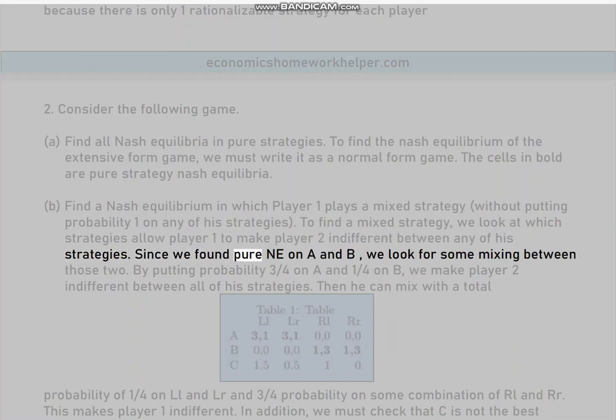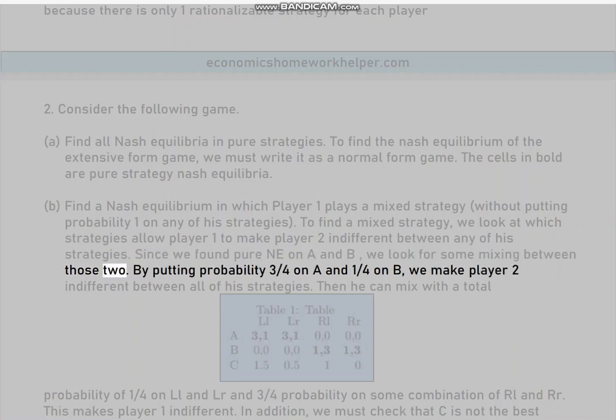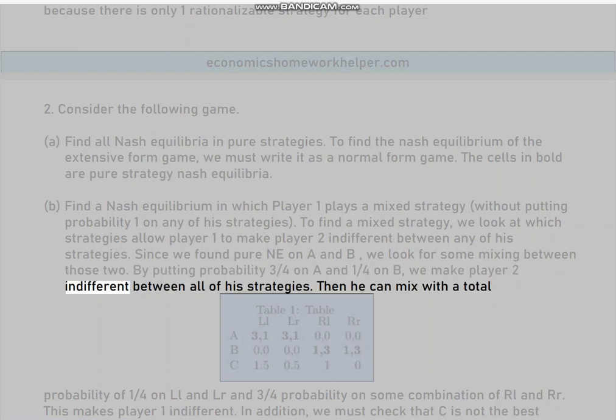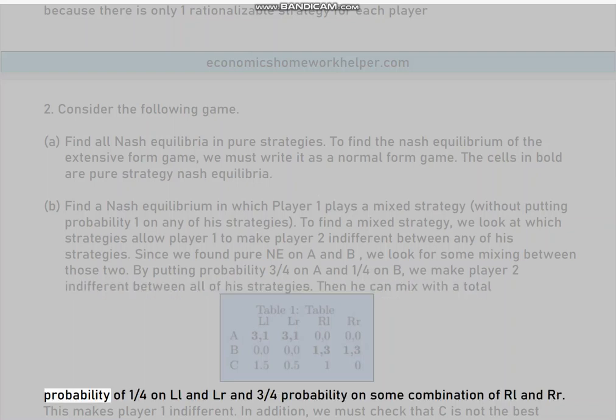Since we found pure NE on A and B, we look for some mixing between those two. By putting probability 3/4 on A and 1/4 on B, we make player 2 indifferent between all of his strategies. Then he can mix with a total probability of 1/4 on LL and LR and 3/4 probability on some combination of RL and RR.